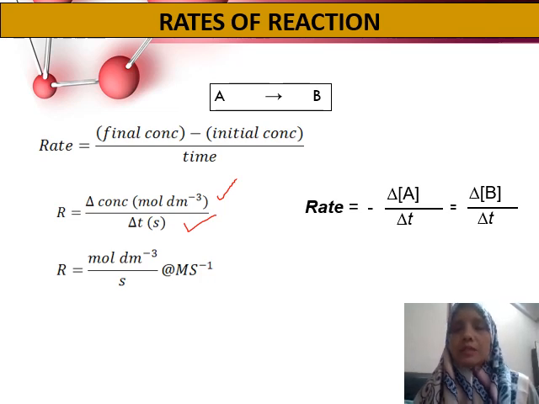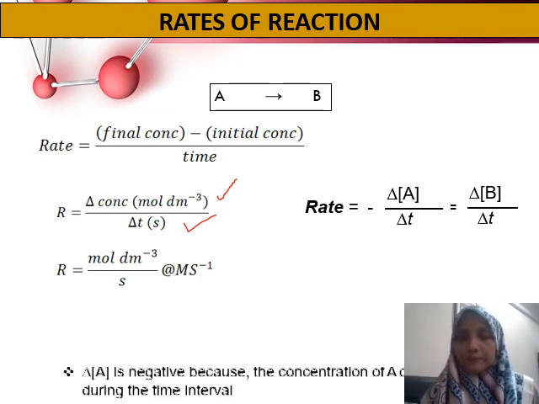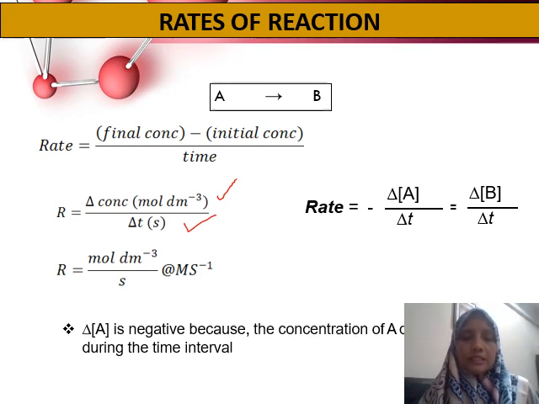So delta B over delta T. The differential of the concentration of A is negative because the concentration of A is always decreasing.